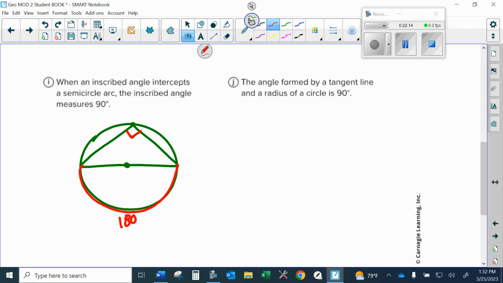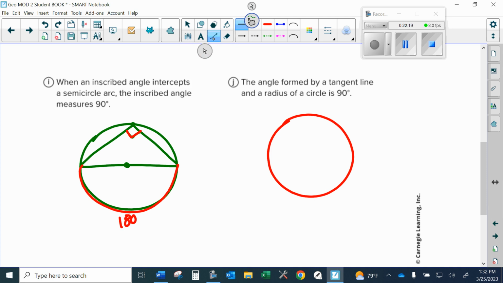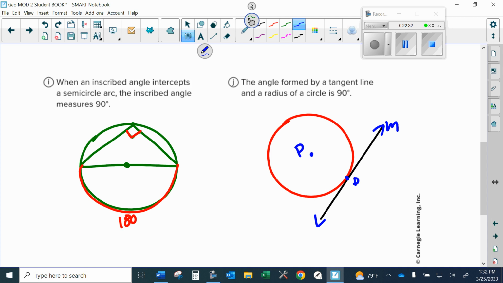The angle formed by a tangent line and a radius is 90 degrees. So remember, a tangent line is when it only hits the circle one time. We'll call that there, we'll call that D, and that P. So now the angle formed by the tangent line, which is line M, and a radius of the circle, there's my radius, is 90 degrees.